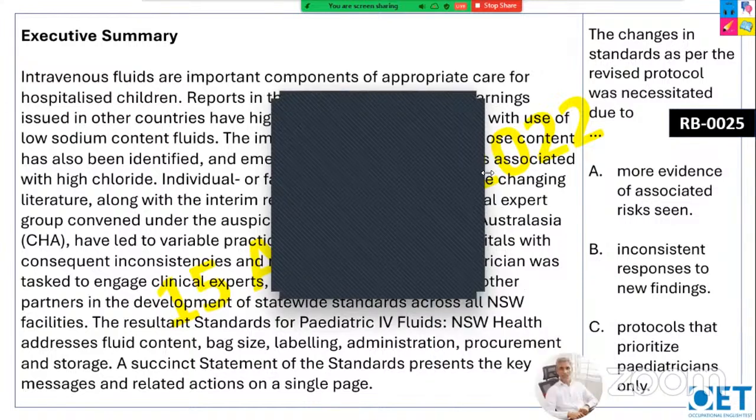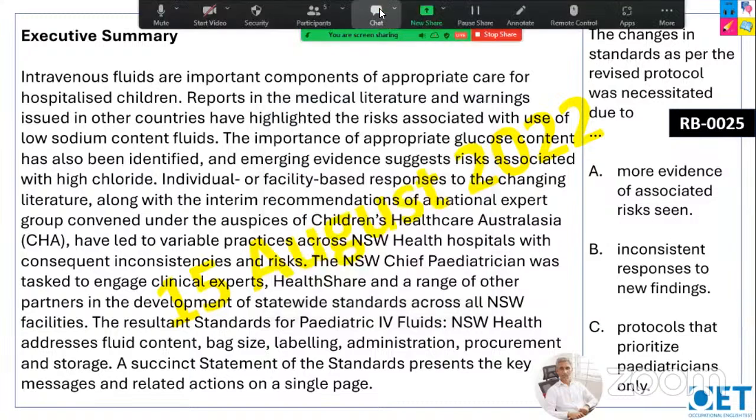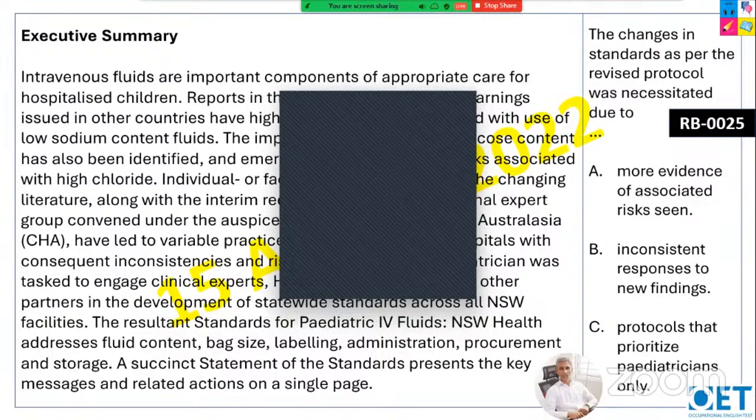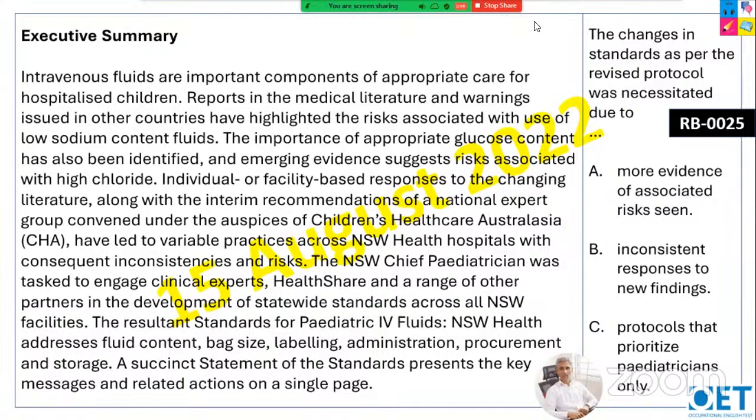Yeah, submit your answer, A, B, C, D there in the chat box. Submit your answer here. If it is A or B or C, submit your answer here because we are going to discuss now.